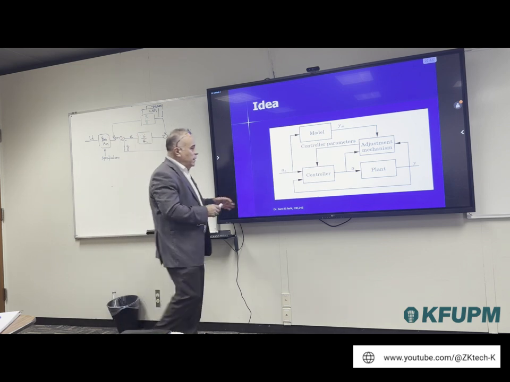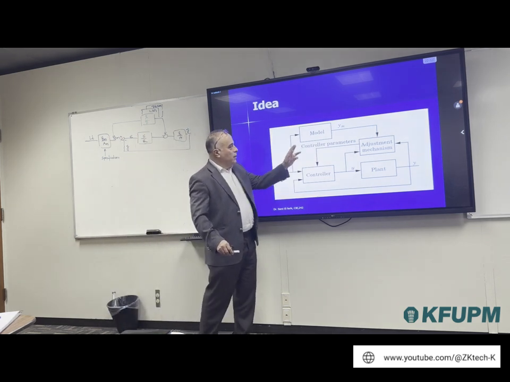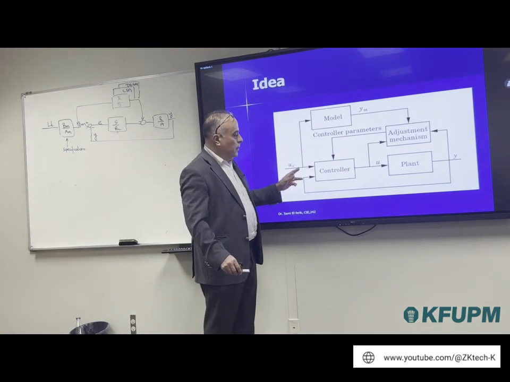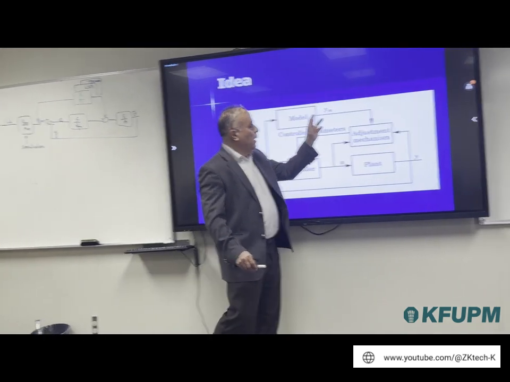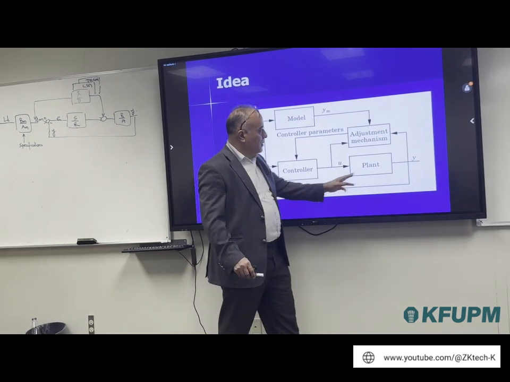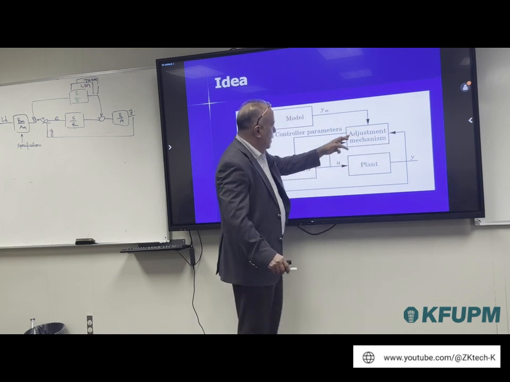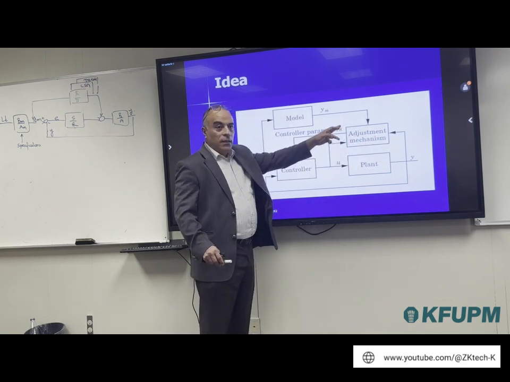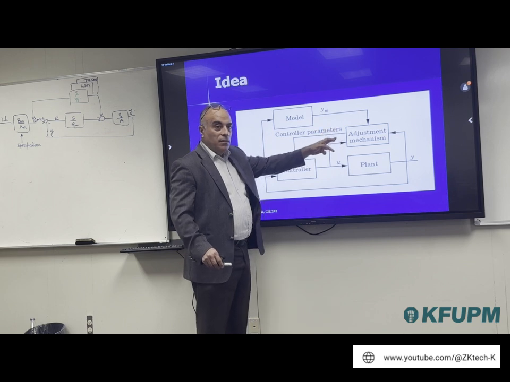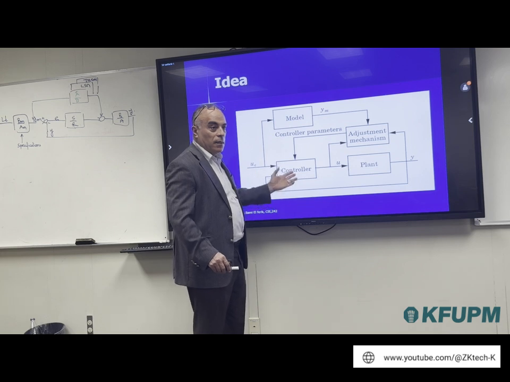We have a reference model, and this reference signal goes through our reference model that we have here. We have the plant, it gives me the output. I compare between the reference and the plant, and based on that, I can get some adjustment mechanism, and this adjustment mechanism comes here to the controller. Right? And this is how I'm going to do it.